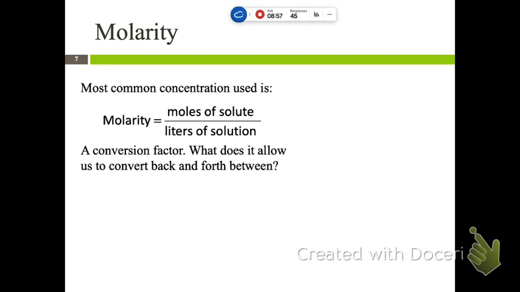So each time we've written out what those conversion factors are, let's go back to molarity for a second. What does this allow us to convert from and to? Olivia, can you say it nice and loud? Great. So from how many moles of solute you have to what volume it takes up in liters, or what else can you do with it?